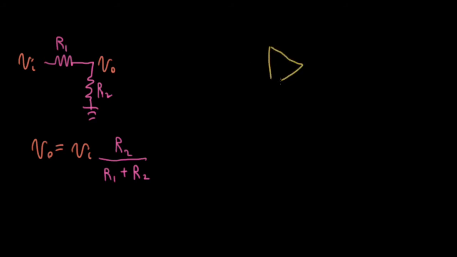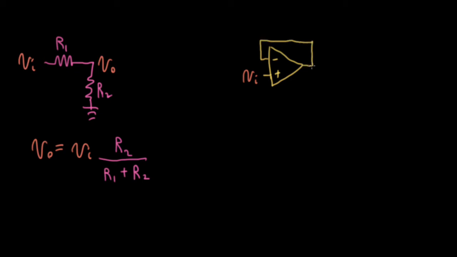All right, so Vout by my standard voltage division rule is going to be Vin times R2 over R1 plus R2. So if I replace R1 with an OTA, I can take the positive input and apply Vin to it, and then put in a negative feedback loop.